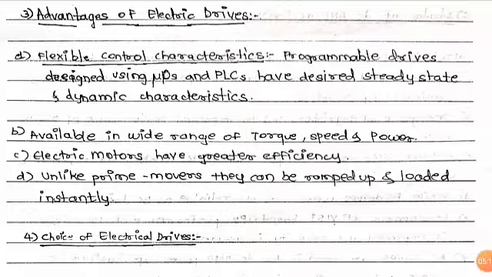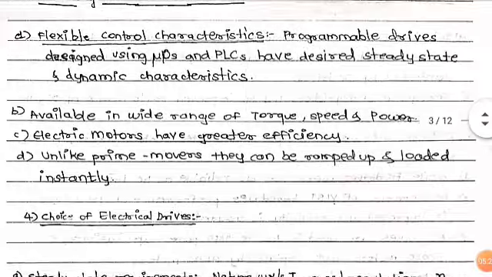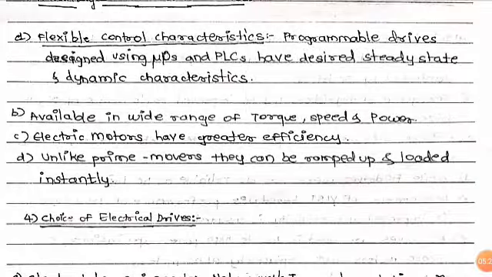So these are available in wide range of torque, speed and power. No other drive is available in such wide range. You can imagine automobile engines. It is very difficult to manufacture a tiny automobile engine. There are so many components in an automobile engine.